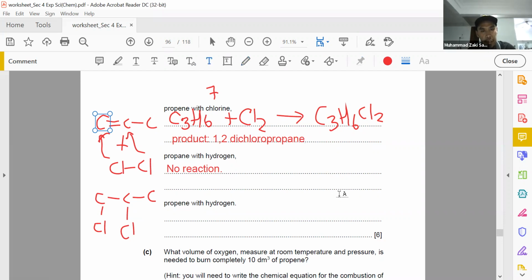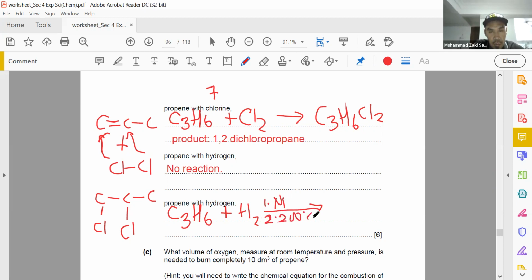You will have a reaction called hydrogenation. So propene, C3H6, with hydrogen, a nickel catalyst, and 200 degrees Celsius. All the conditions you can write down here.